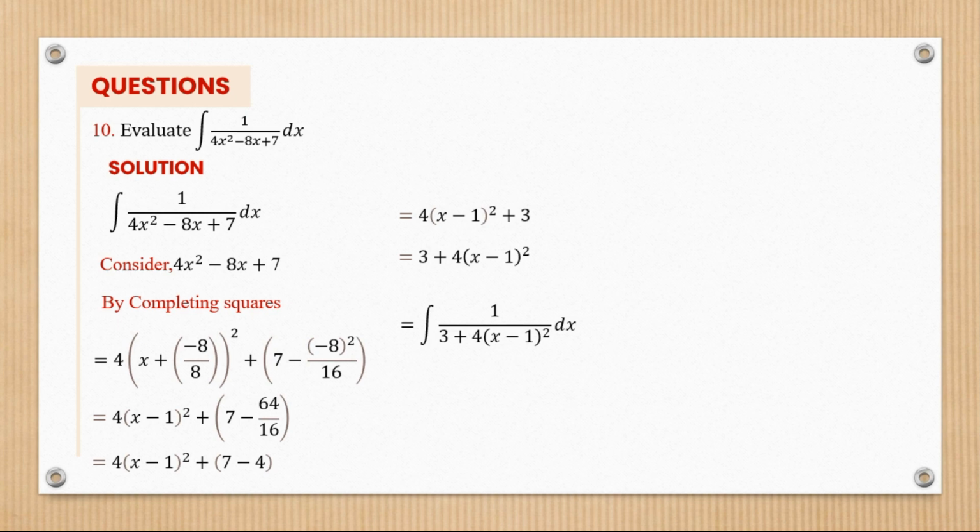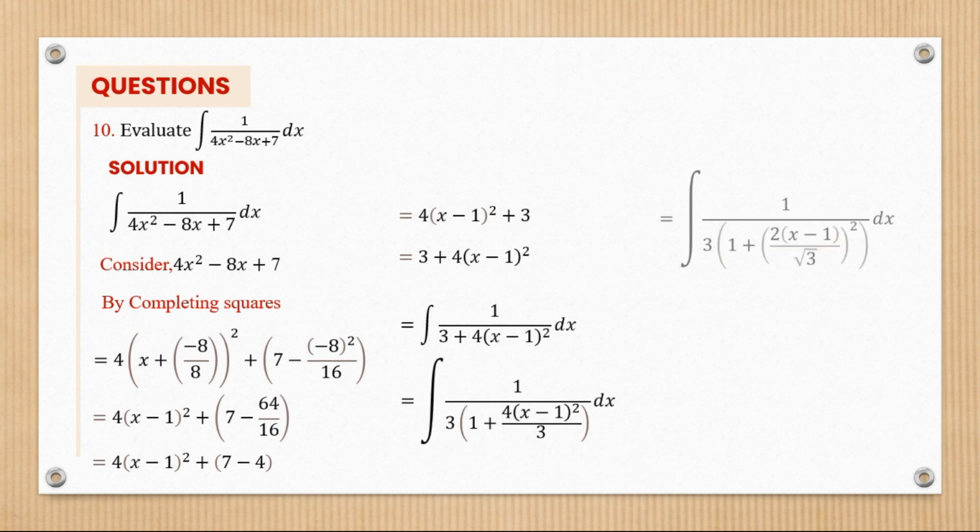Now this clearly requires tan substitution, as I can see from the arrangement. So what next I can see is I can factorize out the 3. So I'll have 3 into 1 plus 4 into bracket (x minus 1) squared over 3. Now from our knowledge of integrals, I can know that 3 is the same as root of 3 squared. So root of 3 squared will actually give us 3.